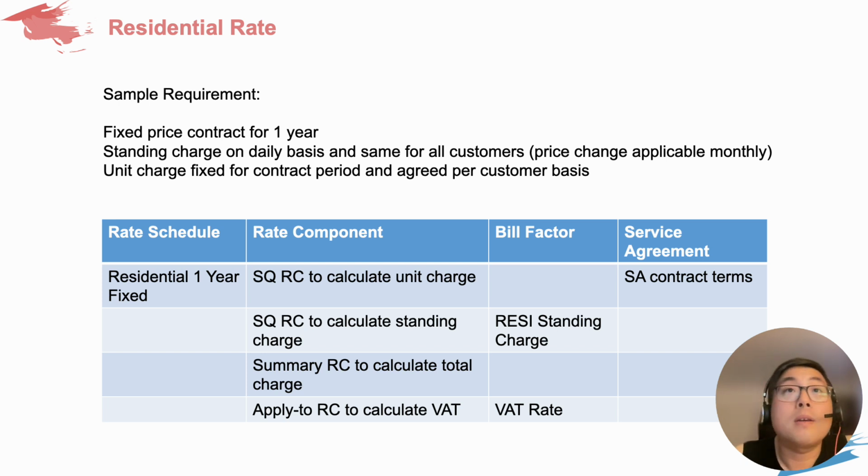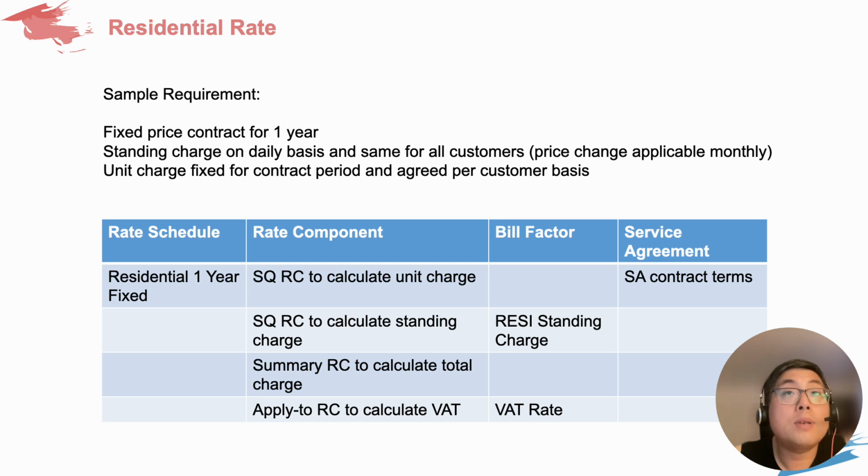If you are familiar with how service agreement works, you know that is the place where we normally keep the contract values. Second, where is the standing charge stored? Because it is generic for all the customers and it could change over time, we will have a bill factor called residential standing charge, and that will be applied when we calculate the standing charge.